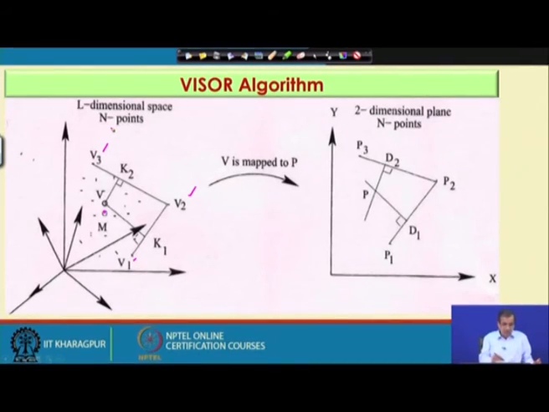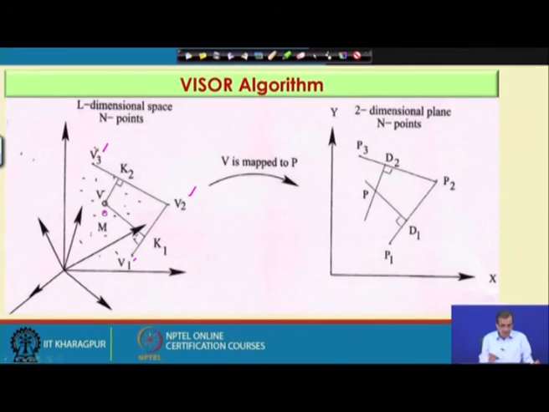Till now, whatever we have got is 3 pivot points V 1, V 2 and V 3. Once we have got these 3 pivot points, we try to locate the corresponding 3 pivot points in 2 dimension.